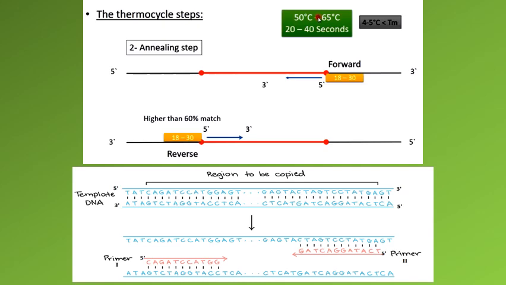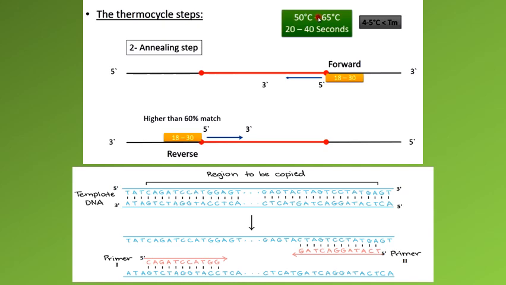To calculate the annealing temperature, use this equation, the equation of melting temperature, abbreviated Tm, as illustrated in the upper figure. The melting temperature Tm of a primer depends on the content of AT or CG nucleotides in the structure of the designed forward and reverse primers.